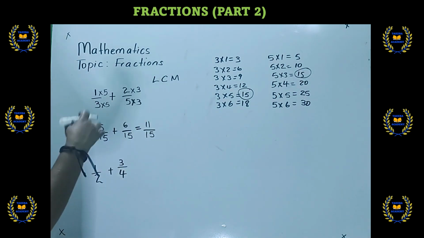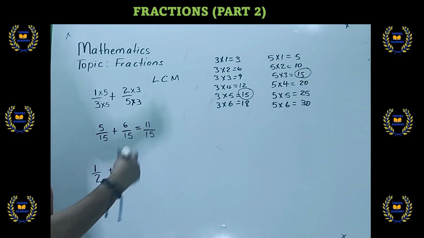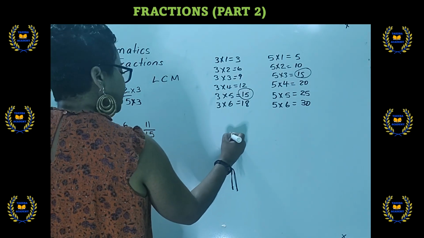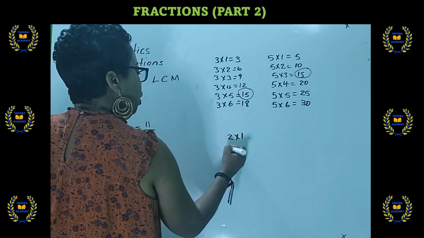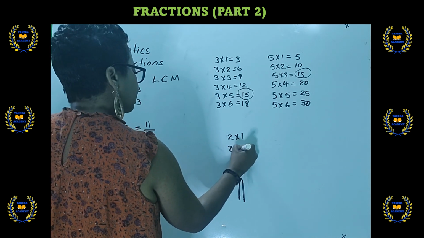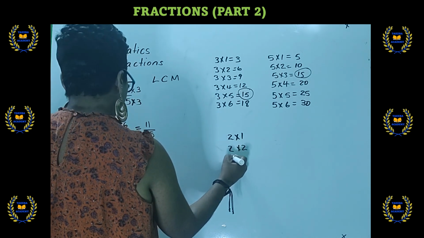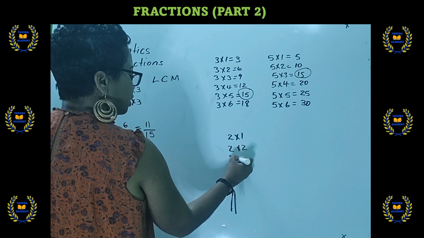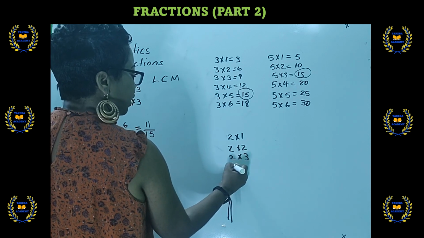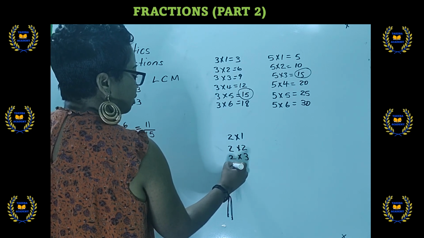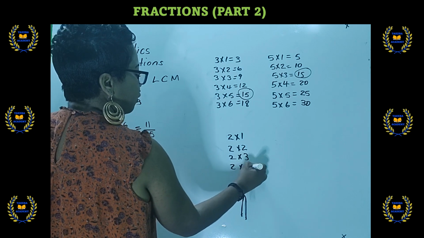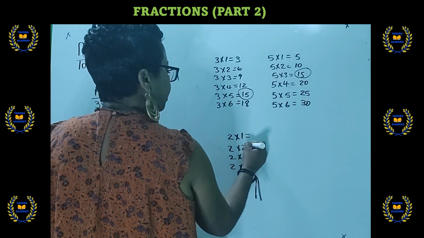Again, like I said, you don't have to do this table that I'm doing. I'm just making it visible for you to see how I find the LCM for the numbers. You have the back of your book, or you should learn your multiplication tables so that you can easily identify the multiples for each, okay?